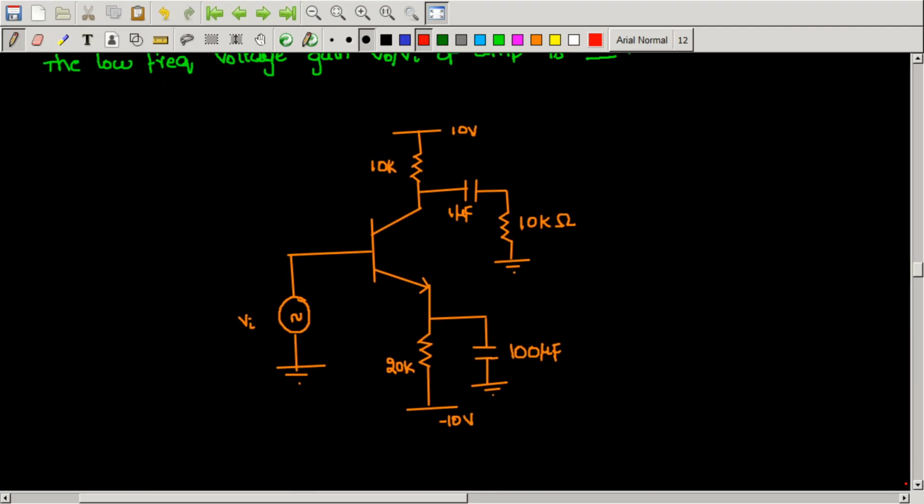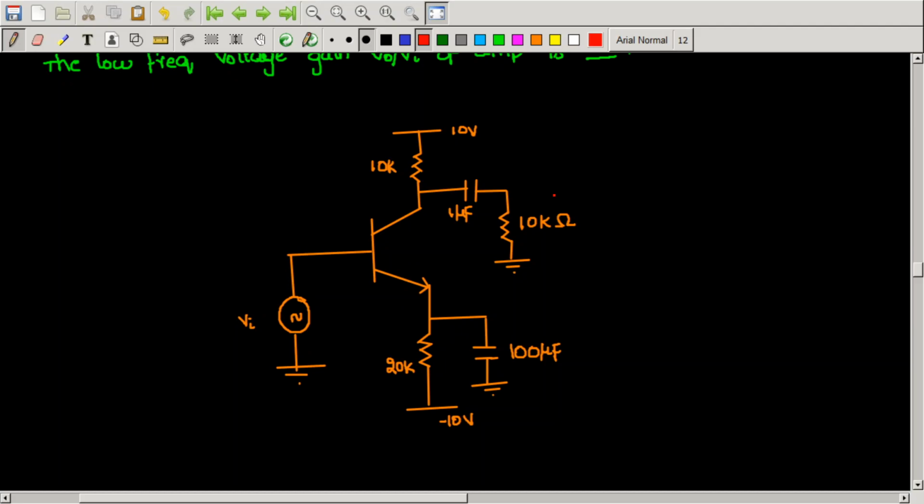So to solve these types of questions we should do two analyses. One is DC analysis and the other is AC analysis. During DC analysis you should deactivate all the AC sources and the capacitors will be open circuited.